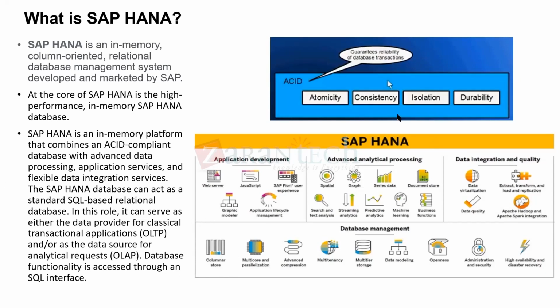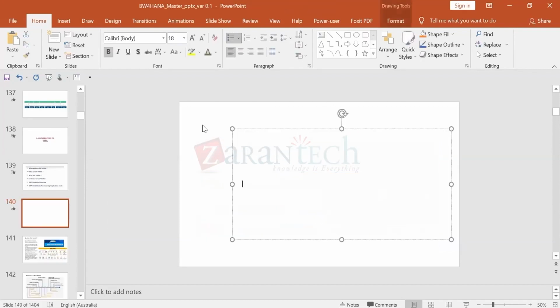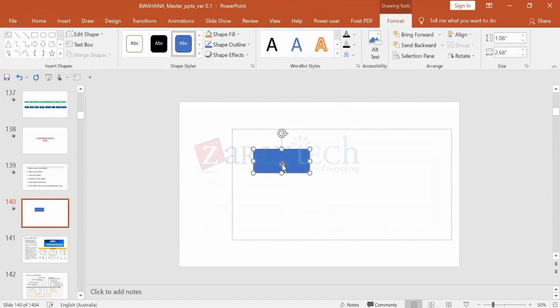So typically when we do an operation in a particular system, the transactions get recorded into a database. Where is the database? A database is something wherein you have data.